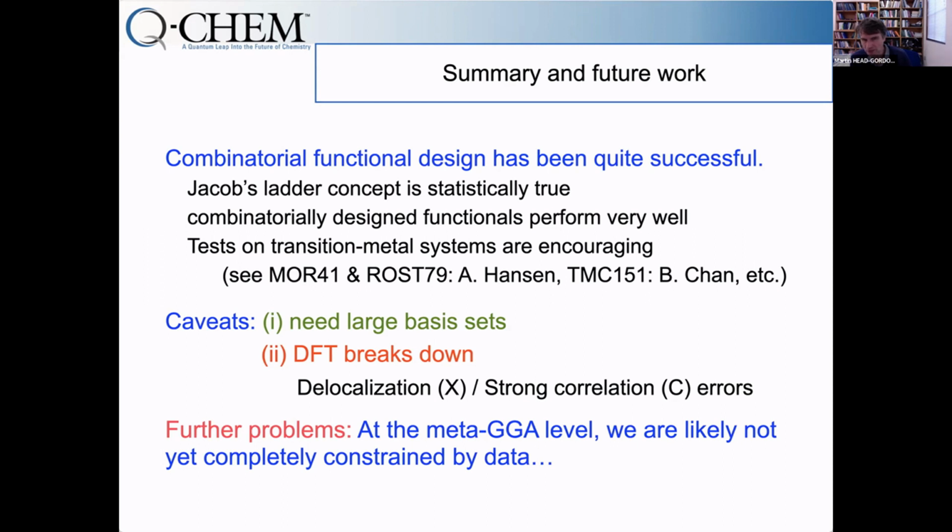In practice, though, it's incredibly demanding because the descriptors that we have for exchange and correlation are not subtle enough to be able to typically detect the presence of strong correlation. So it's a limitation of the descriptors and a limitation of the functional form chosen. If I were to go back to my functional design slide, I would simply say that the functional design is inadequate for strong correlation.